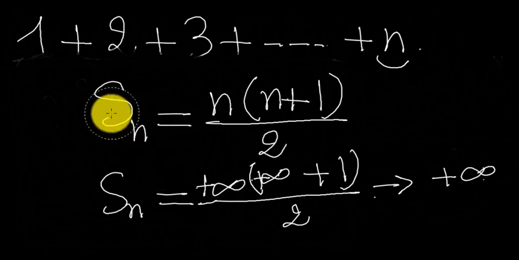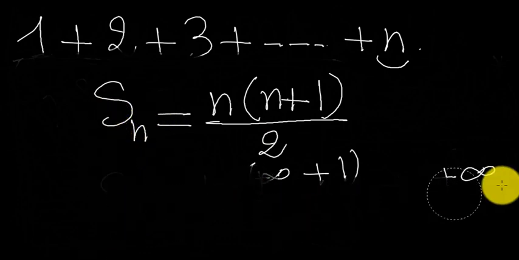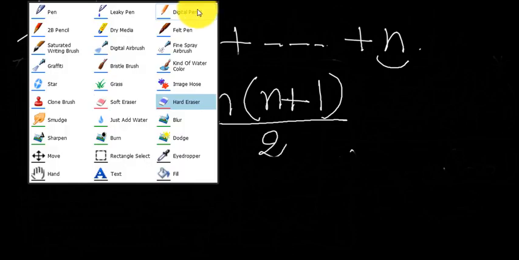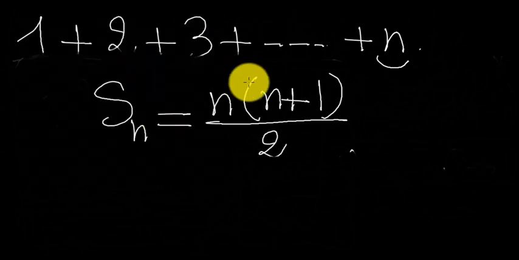So Sn goes to plus infinity. And that means that this sum is divergent.